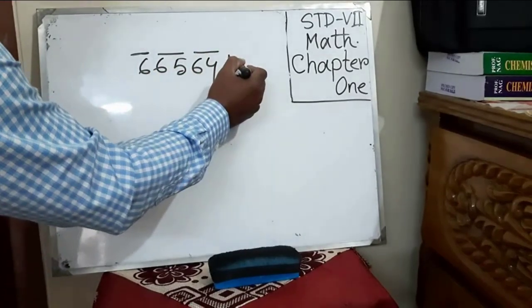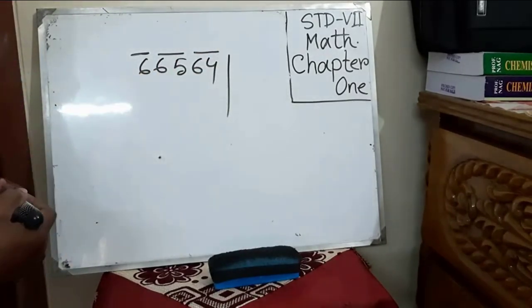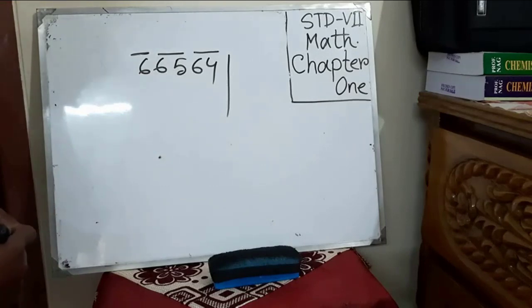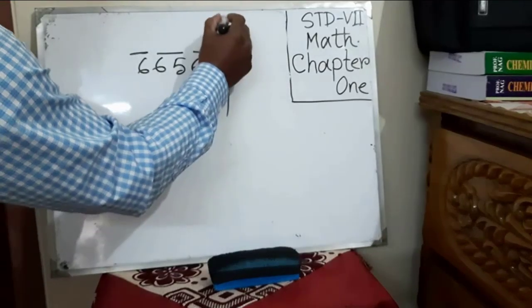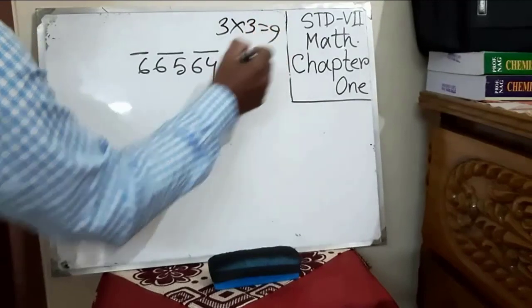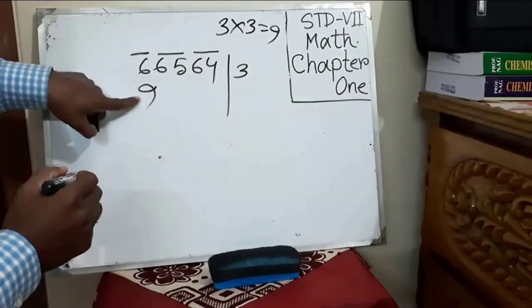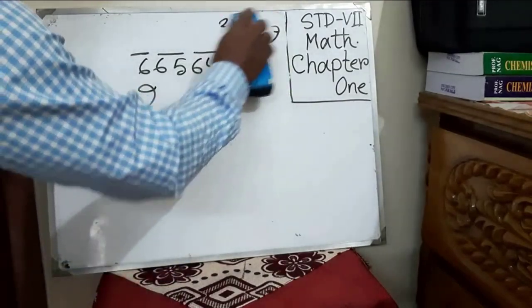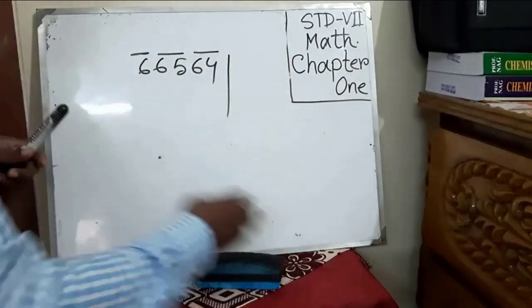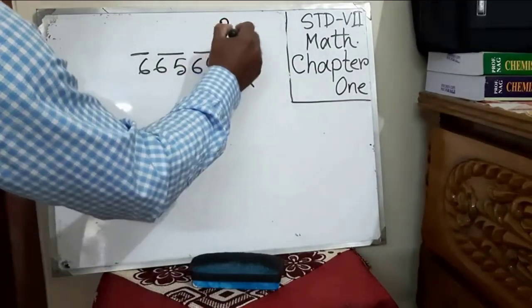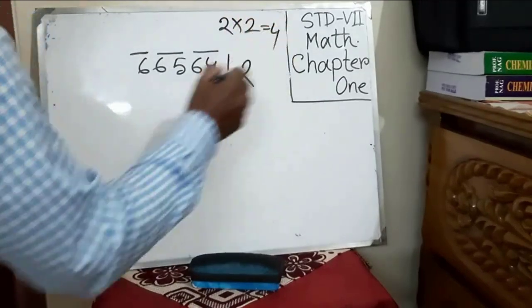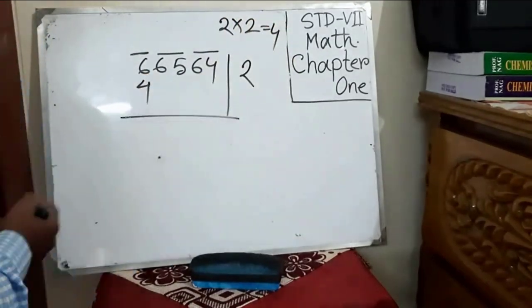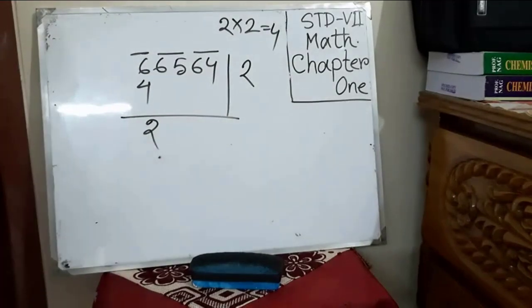If I write 3 here, 3 3s are 9, which is bigger than 6. So we can't write 3 here. So it is 2, then 2 2s are 4.